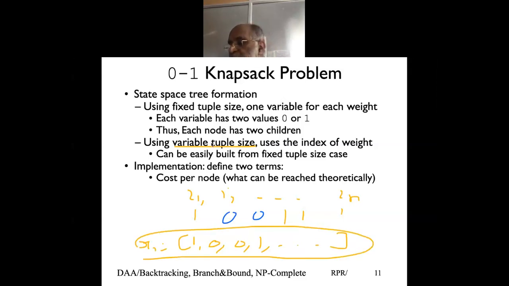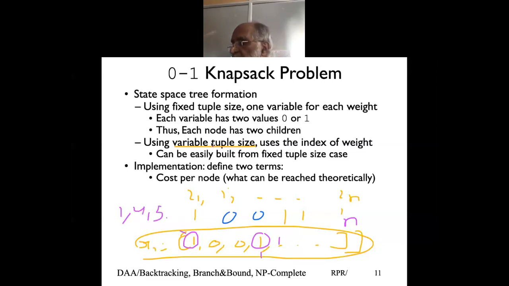Now with a variable tuple size, look at this tuple. My size is always n, a fixed size n. If I want to make it variable size, I basically keep the indexes of those items which I am picking. So this item's index is 1, this item's index is 4, this item's index is 5.